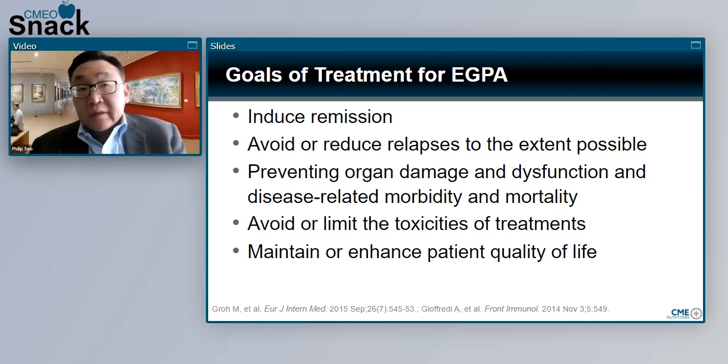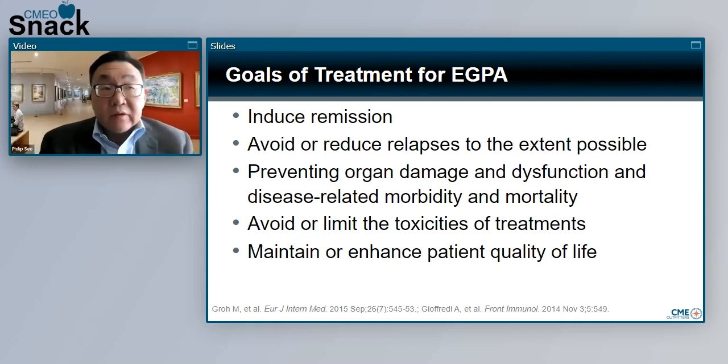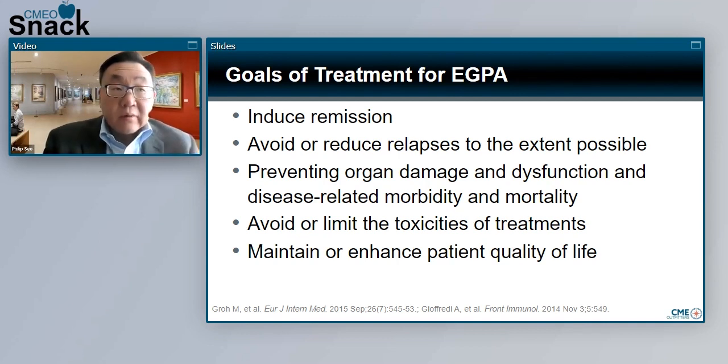So the first thing I'll mention is the way rheumatologists think about the treatment of vasculitis just in general is in terms of two different phases. We talk about a remission induction phase where you get the patient to be in remission. And then we talk about a remission maintenance phase where we use less aggressive medications to keep a patient in remission.